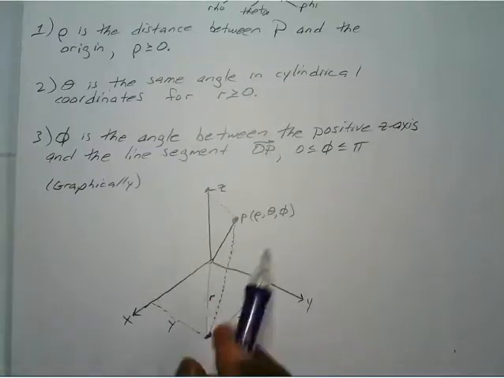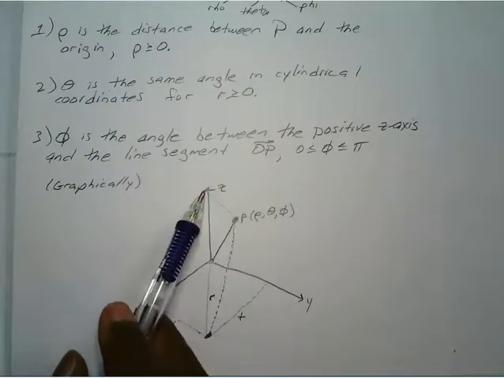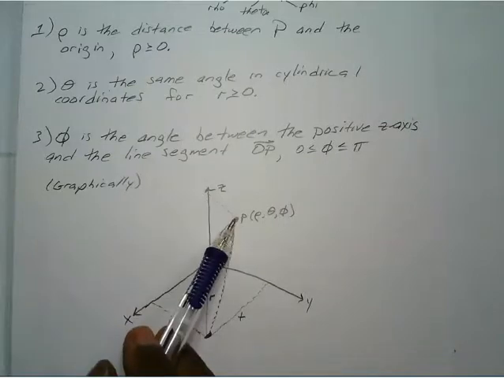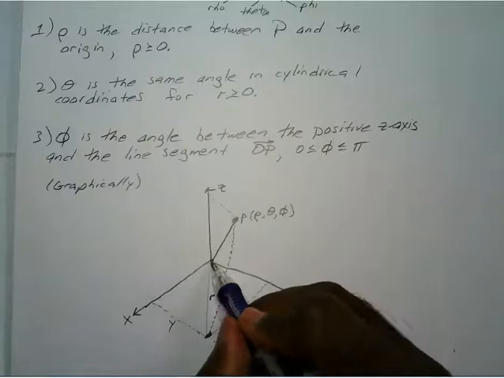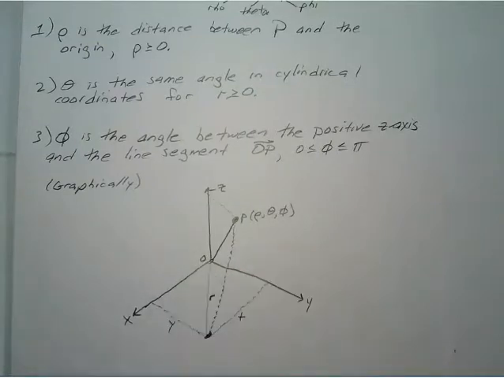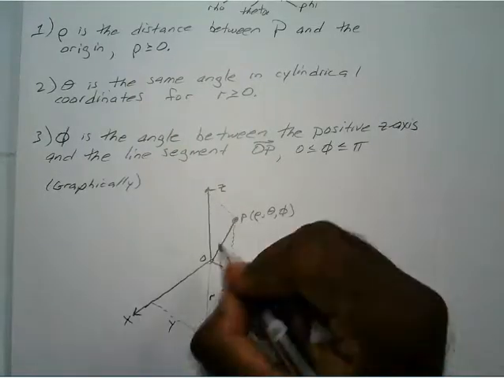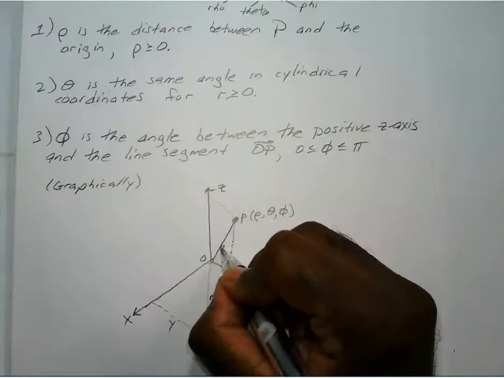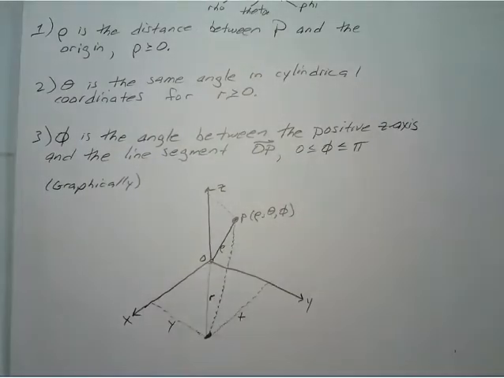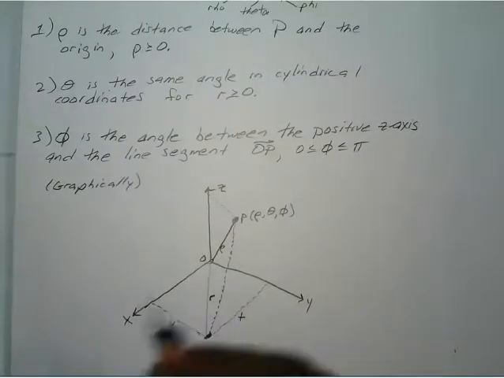Okay. Now our rho, remember, that's the distance between the point P and the origin. So this is our origin right here, our 0, 0, 0. So the distance from here to that point P is our rho. Now our theta is the exact same as in the cylindrical coordinates.